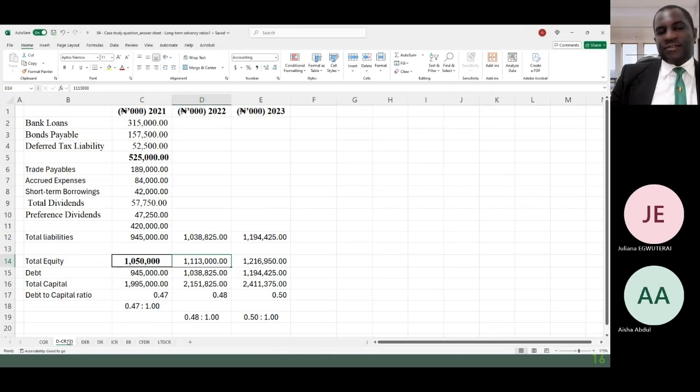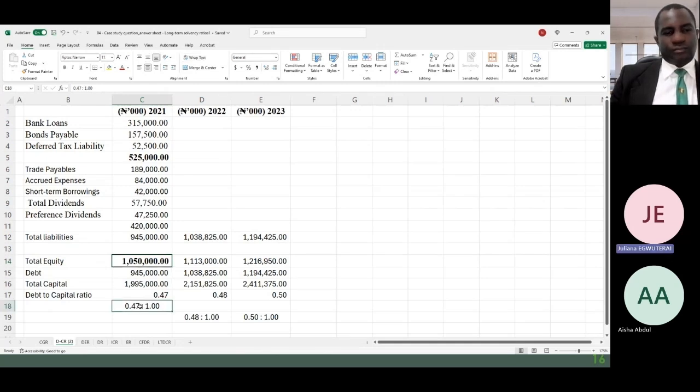Even though equity is seen as the company's owned investment, we added it to the liabilities. The 0.47 is in that one. It's part of the one.